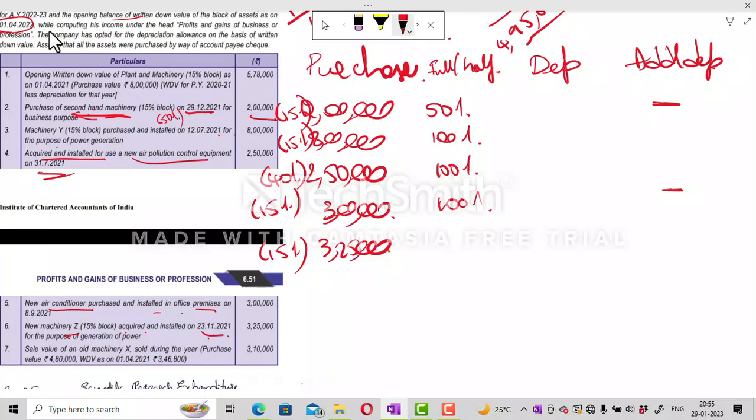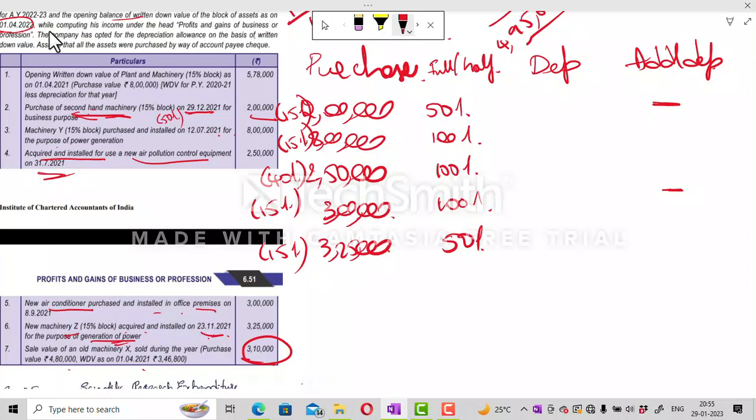See, 23/11 means after 3rd October, so only 50% rate, and for power generation, so we have to calculate additional depreciation also. Sale value of old plant and machinery: old machinery X sold during the year. Purchase value, sale value, we have to consider only the actual value for which it is sold.